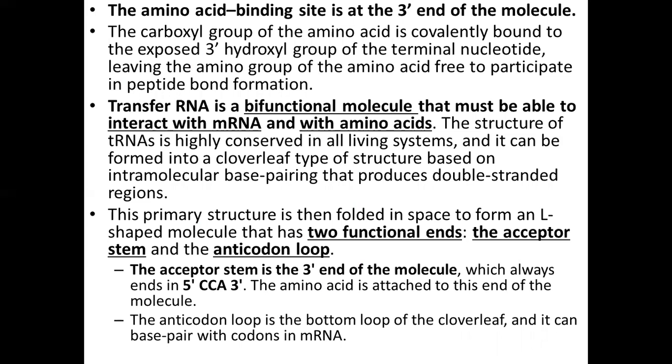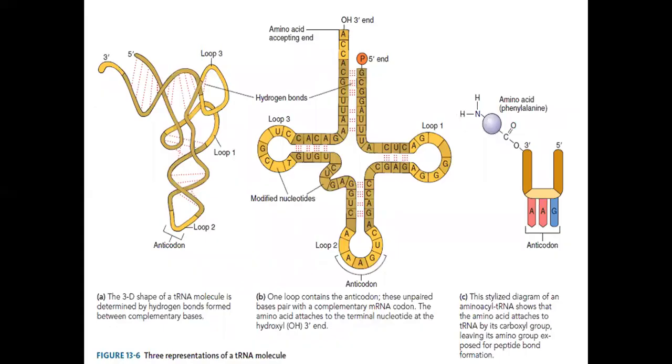The acceptor stem, as we have already mentioned, is at the 3' end of the molecule and ends in 5' CCA 3'. So we have the anticodon for interaction with messenger RNA, and we have the hydroxyl group at the 3' end for accepting amino acids. This leads to the molecule being bifunctional.